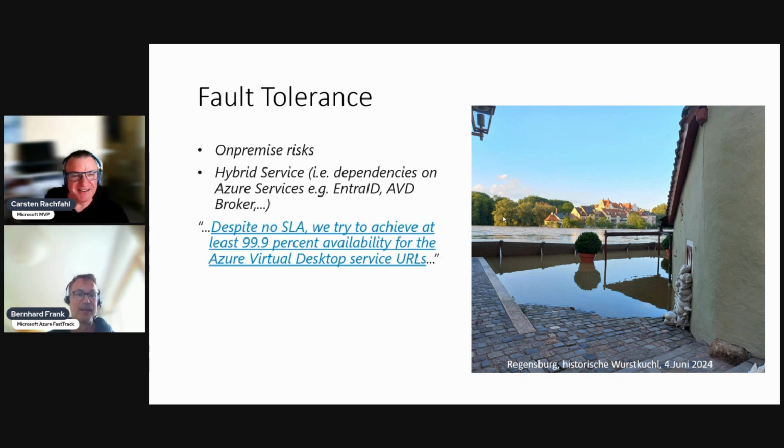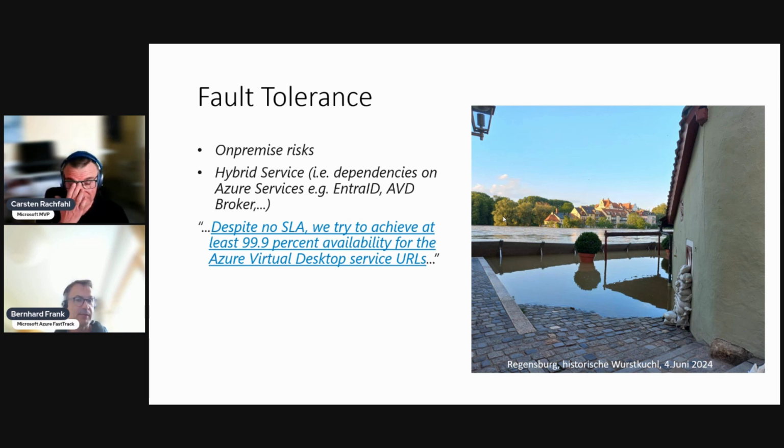But you also have hybrid risks, right? We talked about Azure Virtual Desktop being a hybrid service, and you have dependencies to the cloud. For example, you need Entra ID and you need the AVD brokers, the web services that Microsoft hosts in order to reach the desktops. And they either do have SLAs or they don't.